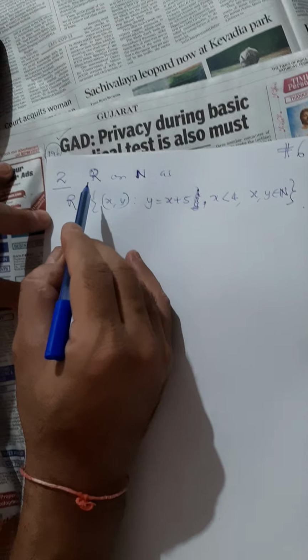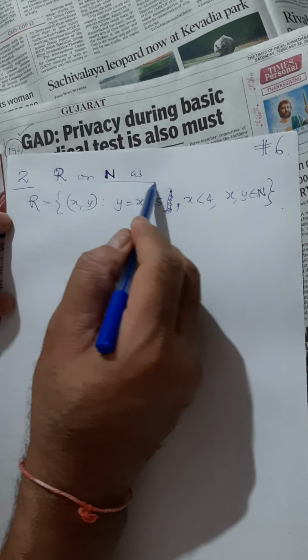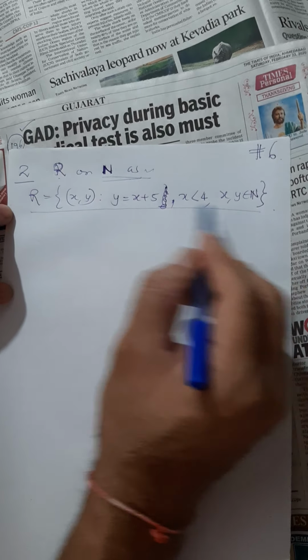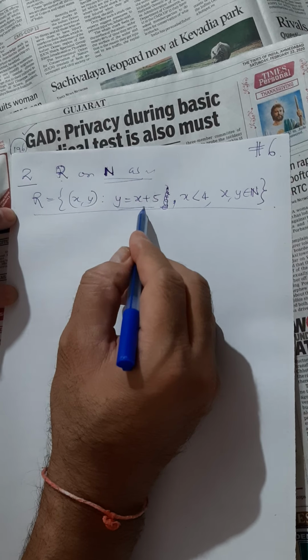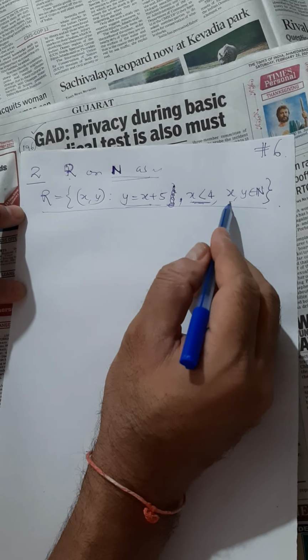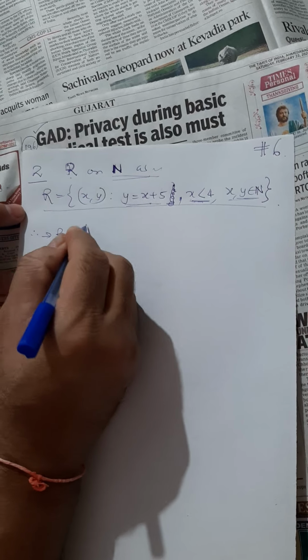So the next question is relation R on N. You know N is the set of natural numbers, which is an infinite set. Defined in this way: (x, y), where y is equal to x plus 5, but x should be less than 4. That is just 1, 2 and 3. Both come from natural numbers. So what are the members of the relation set R here?